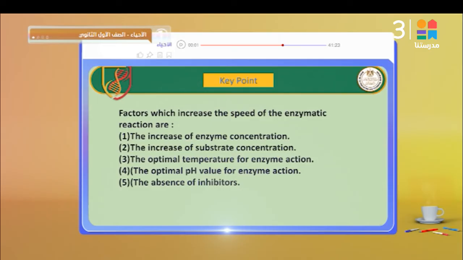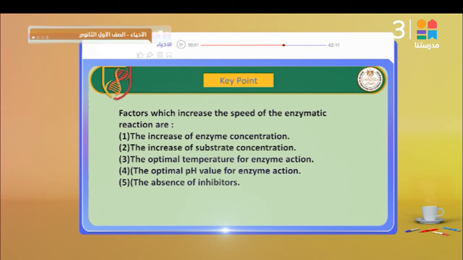Factors which increase the speed of enzymatic reactions: the increase of the enzyme concentration; by increasing the enzyme concentration, the speed of the enzymatic reaction increases. The increase of the substrate concentration also increases the enzymatic reaction.